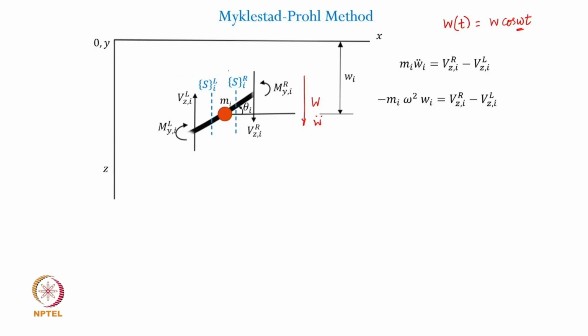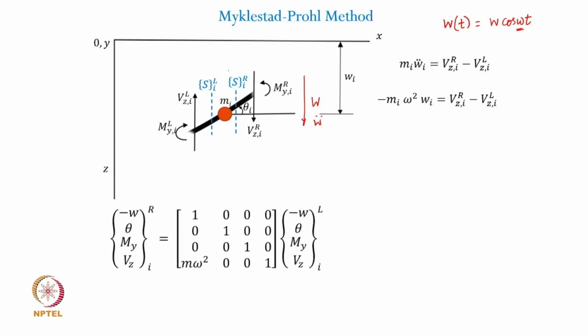So although the deflections are the same and the slopes are the same across the mass element, across the point mass, the moments are identical, they balance each other out. The shear force difference is the fictitious force, the inertia force. But by applying Newton's second law, we can get that relationship. The difference in the shear force turns out to be minus mi omega square Wi.